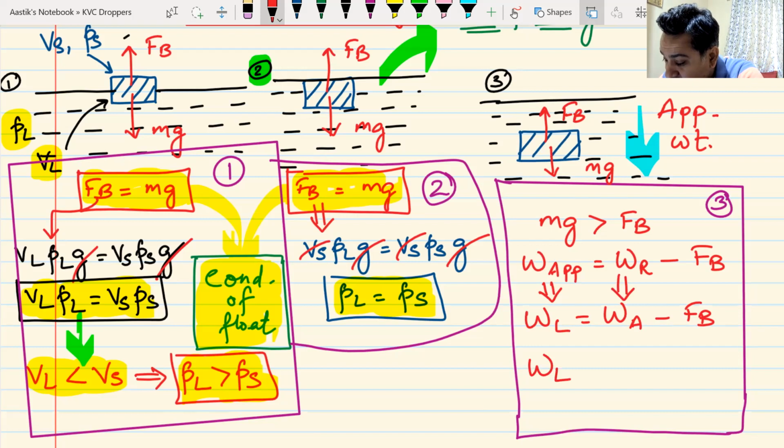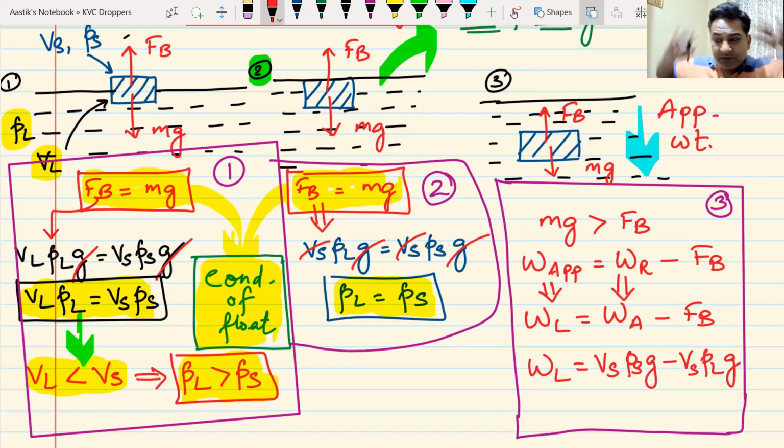So now I can write that the weight inside the liquid is the weight in air, which is Vs rho s g, minus the buoyant force, which is Vs, since the entire volume is inside, times rho l into g. Everyone is following me?